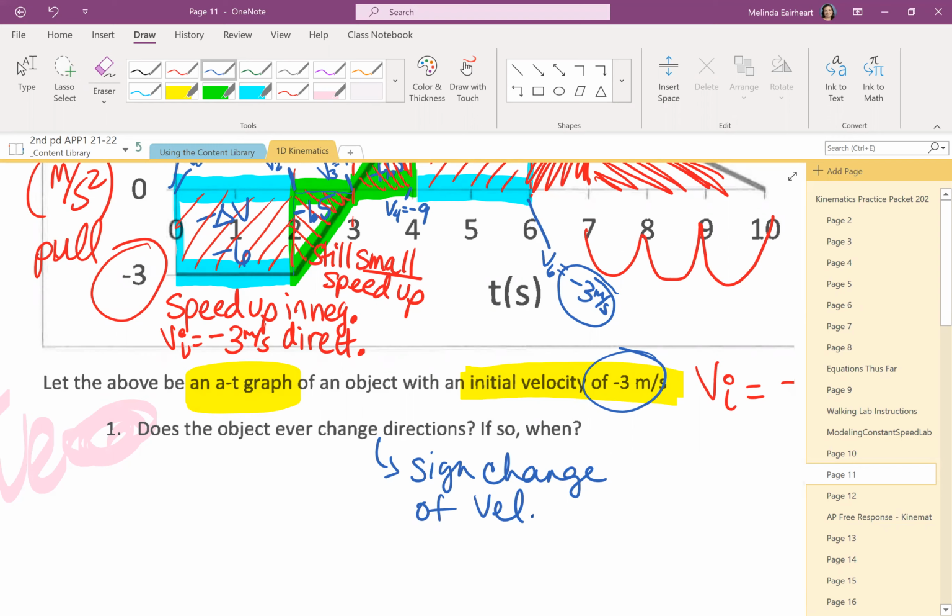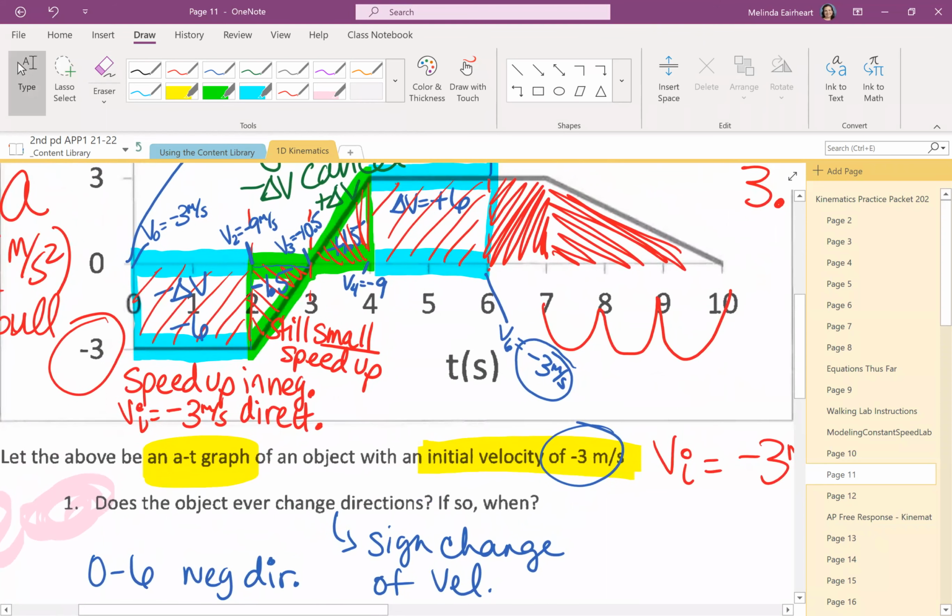Always read your axis. And so from 0 to 6 seconds, we are just going in the negative direction. All of the velocities we've seen have all been negative, negative, negative. But we are becoming more positive, right? That -10.5, the -9, the -3.